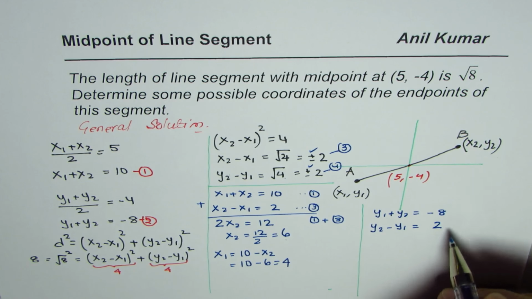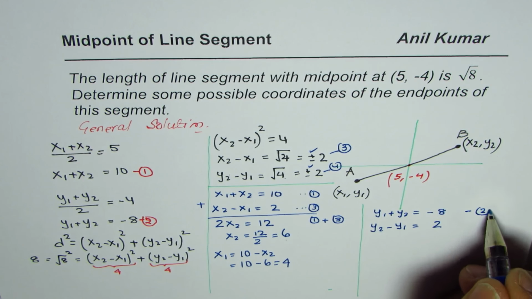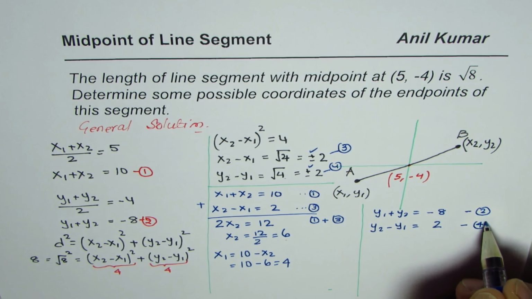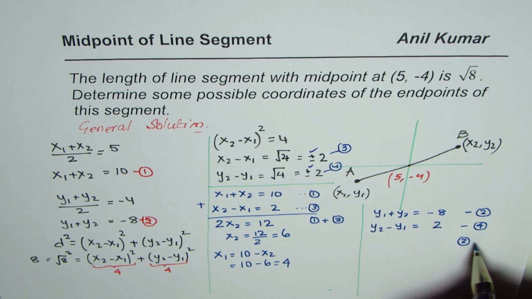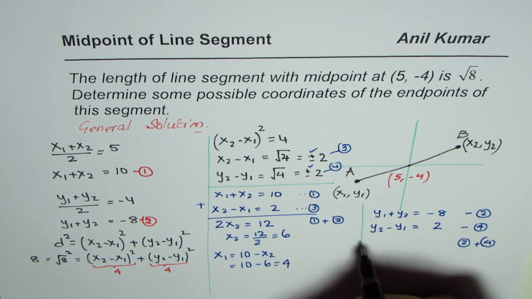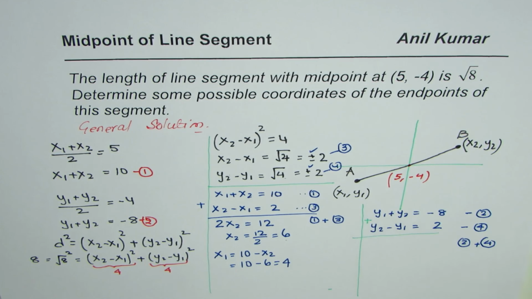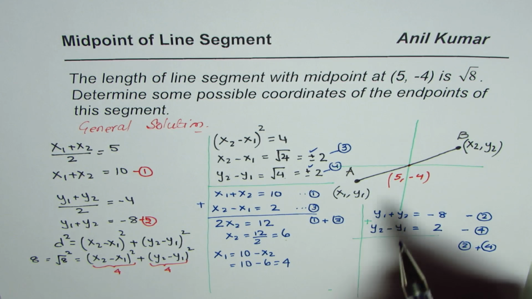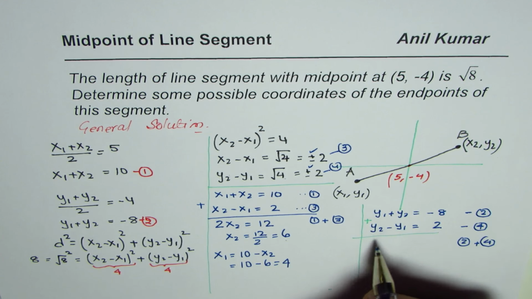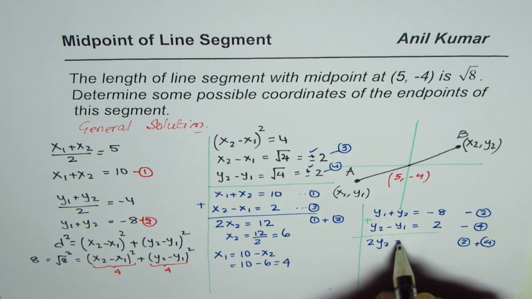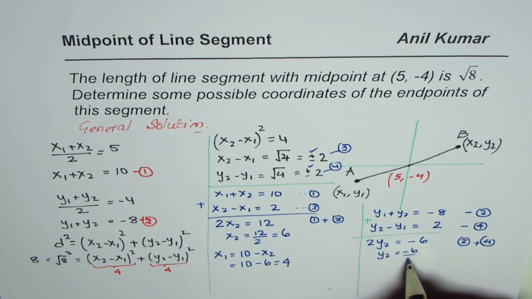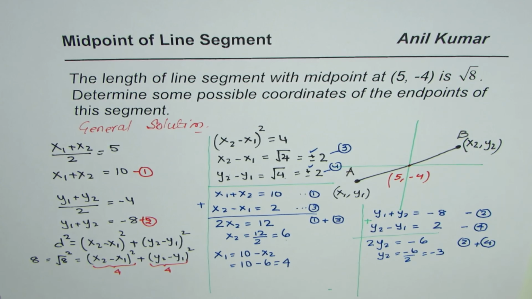Now let me call this equation number 2, and this is equation number 4. If you add equation 2 and 4, y1 minus y1 is 0, you get 2y2 equals minus 6. y2 is minus 6 divided by 2, which is minus 3.